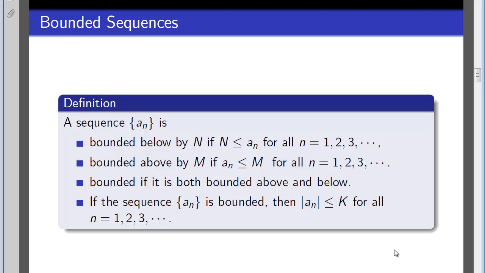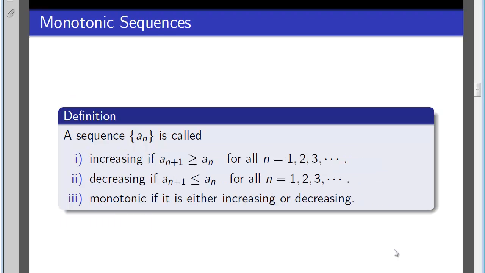The second property that we want to mention is the increasing decreasing property. In this case we are saying that if a term is larger than or equal to the previous one, then the sequence is increasing. If the inequality is reversed, that is, if a term is smaller than or equal to the previous one, then we are saying that the sequence is decreasing.